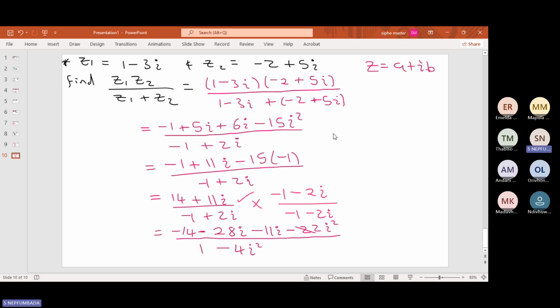On the numerator. You mean this? You mean here?